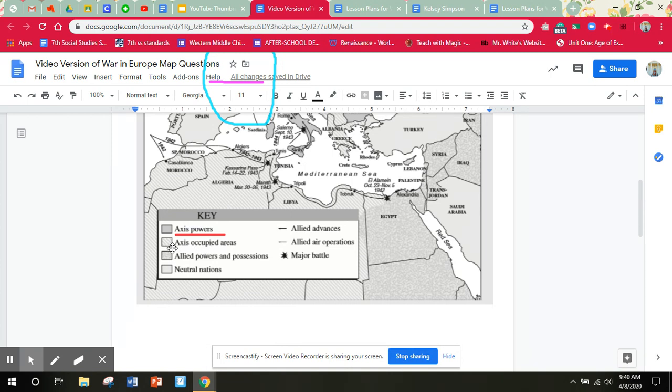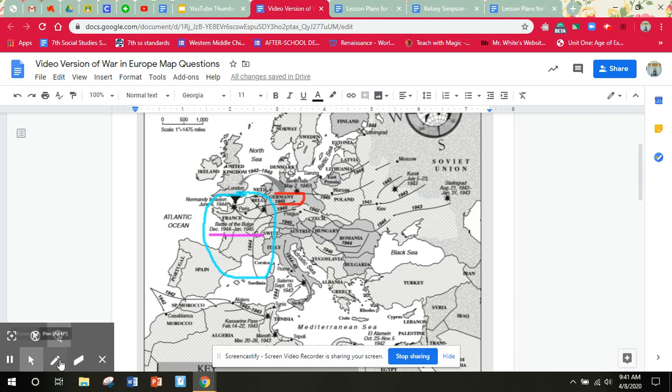Then you've got the one like France, with the lines kind of through it. Those are, again, Axis occupied areas. So if we scroll up, obviously we know France. We've already talked about that one. We've got Norway up here, an Axis occupied area.